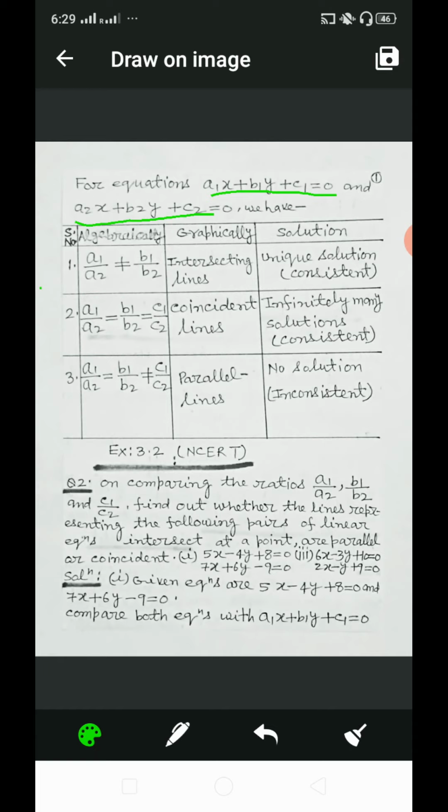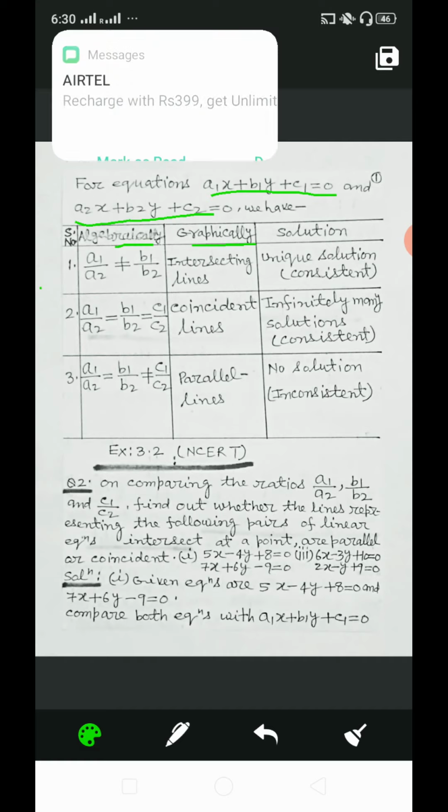For the algebraic solution, we compare the ratios a1 by a2, b1 by b2 and c1 by c2. And for the graphical solution, we find the nature of the lines in the graph.